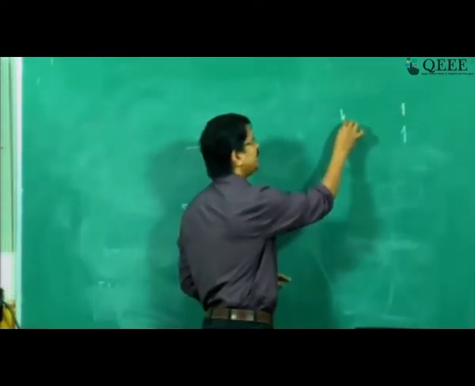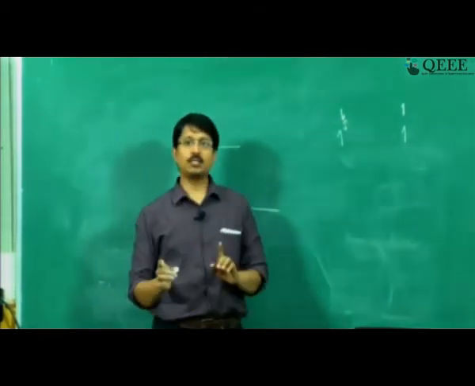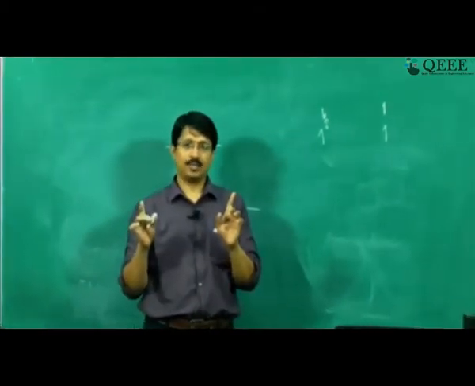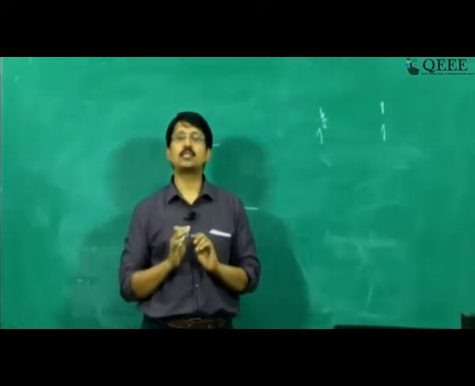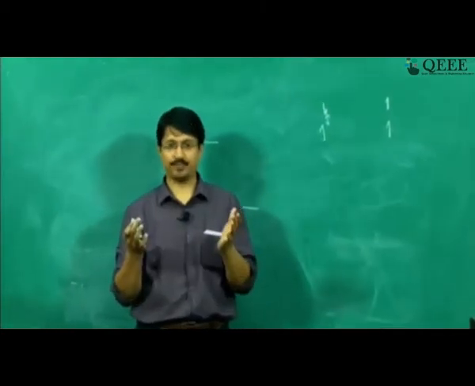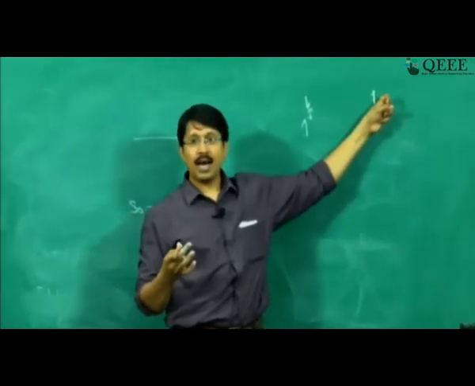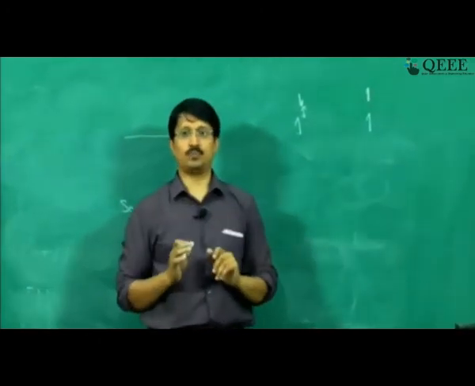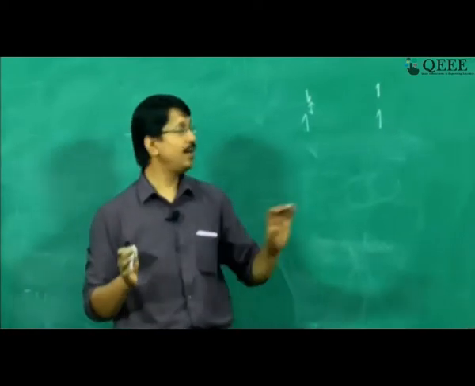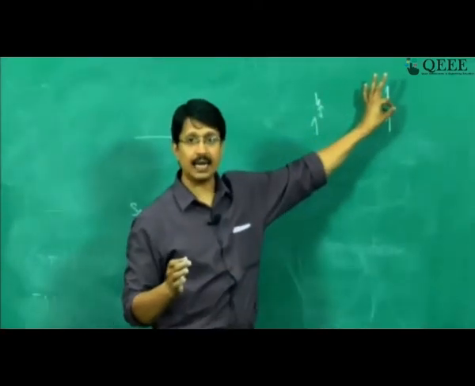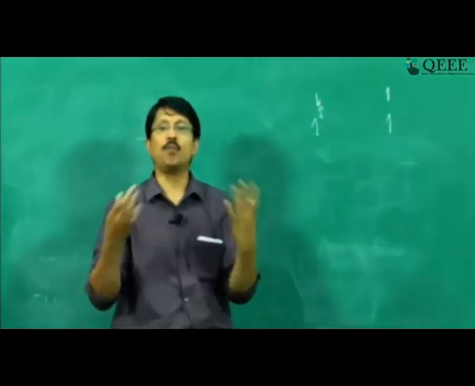When they interact with each other, because the spins are opposite, they can come close. Pauli's exclusion principle allows that. In this case, they have parallel spins, so they cannot come close. So in general, when these two wave functions interact, which one will interact more?